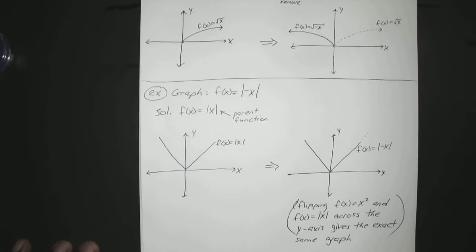Okay. So if you do happen to see one where it says graph f of x equals negative x and that whole thing squared, then you know it's just going to be the exact same thing. Now if it was negative absolute value of x, you saw before it flipped across the x-axis when the negative's on the outside.